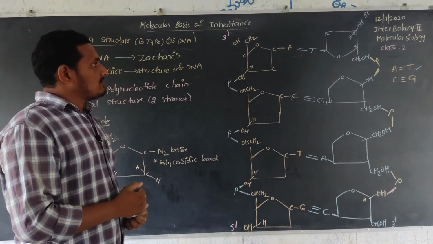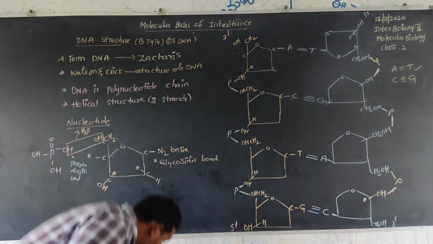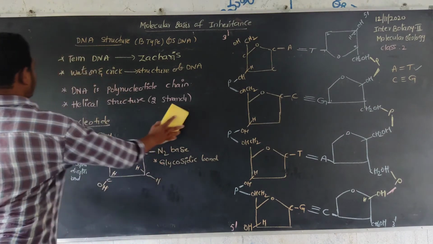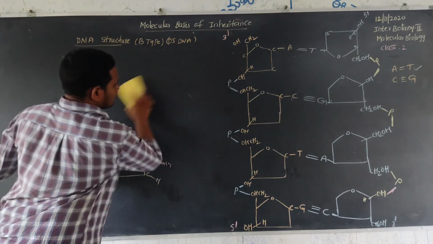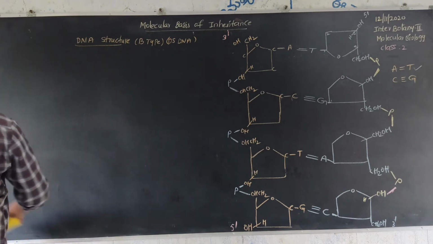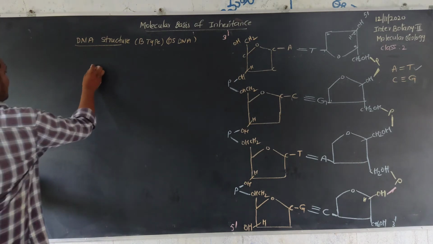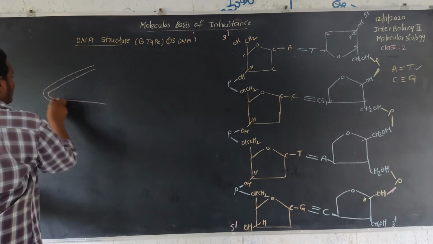This is the molecular structure of DNA. What about the general structure of DNA? Actually DNA is a double helix structure, mainly anti-parallel in direction.